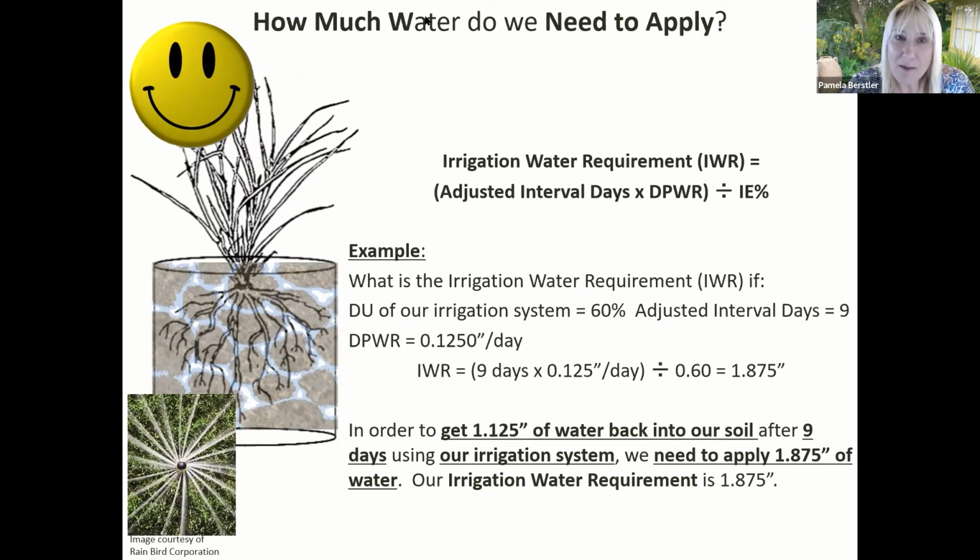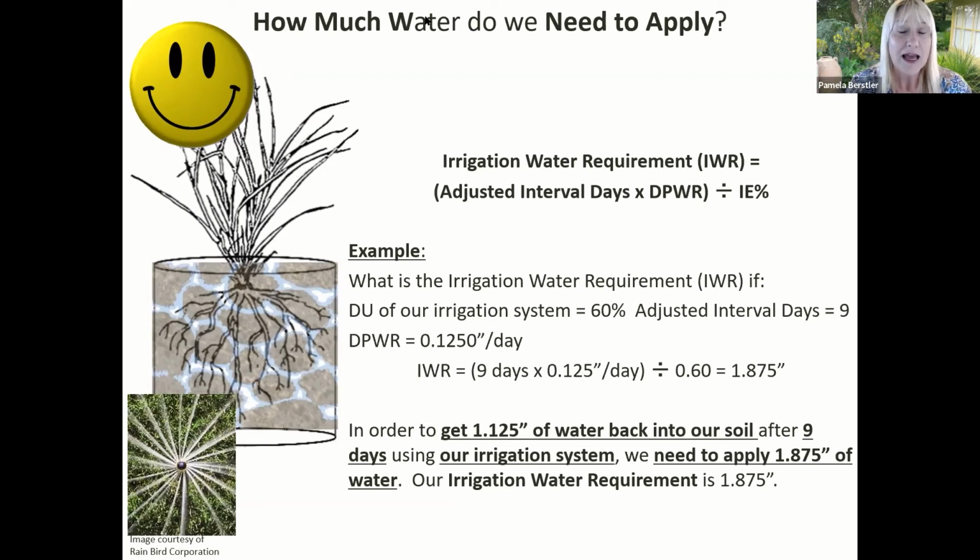And in order to come up with this, we take our actual water requirement and we divide it by the irrigation efficiency of our system. Now remember, we talked about this in plant water requirement, right? We went through the whole thing of why do we divide.